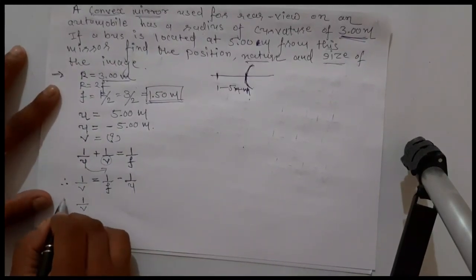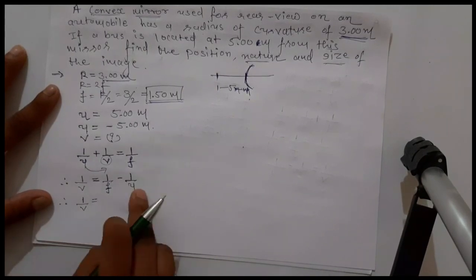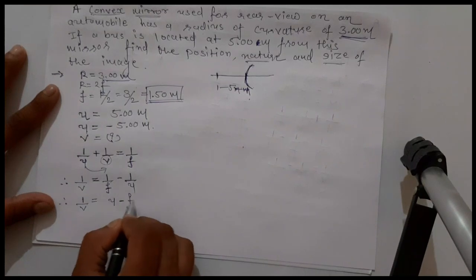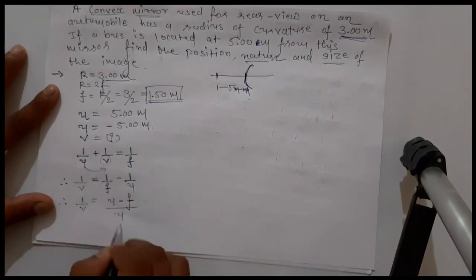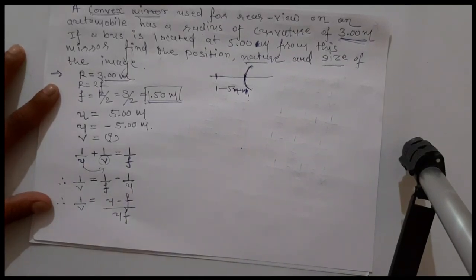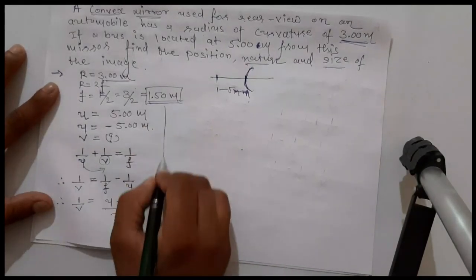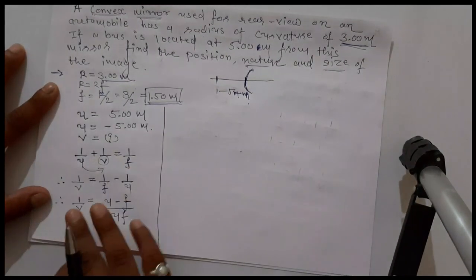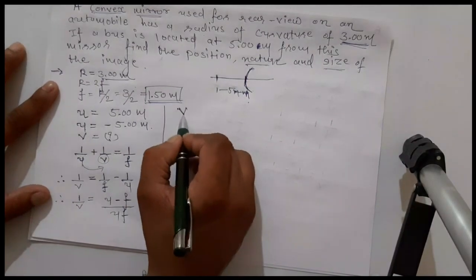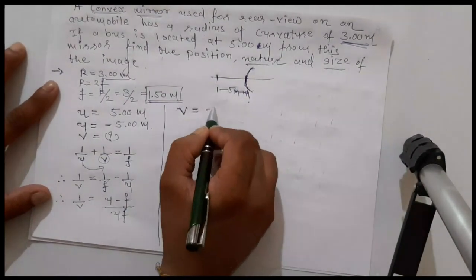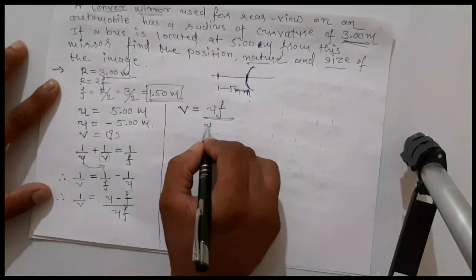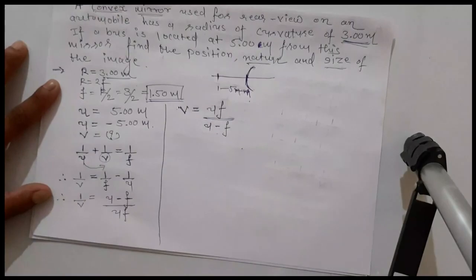Again, 1 upon v is equal to u minus f upon uf. Okay, simple. We are taking LCM. Now we want v, so just take the reciprocal of it. So we will get v is equal to u into f upon u minus f.